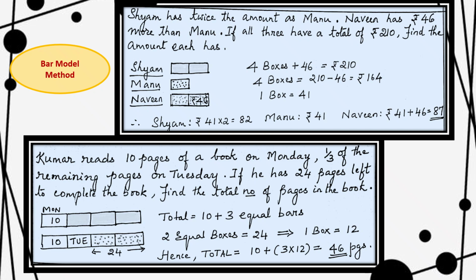Now observe this properly: in the picture 4 are equal sized boxes, but 46 is not known, maybe smaller or more. So we have to consider 4 boxes equivalents, and then add 46 so that the sum total is 210.